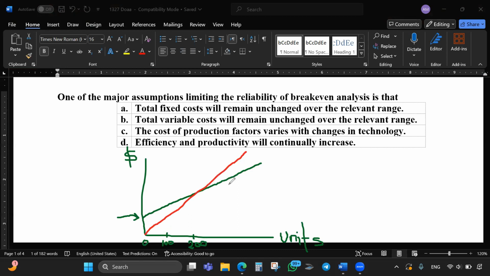The red line presented on the graph is for revenues, and the green line is for total cost or expenses. The point in which they intersect is called the break-even point.